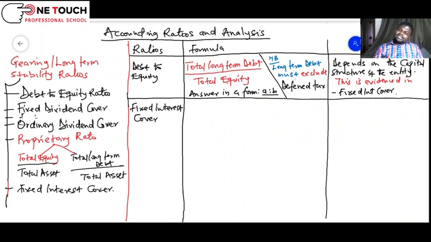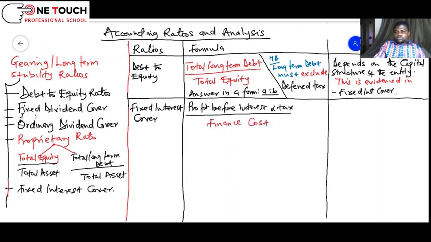Now, under fixed interest cover, how do you calculate it? We are looking at the profit before interest and tax all over the finance cost. The answer should be in times.